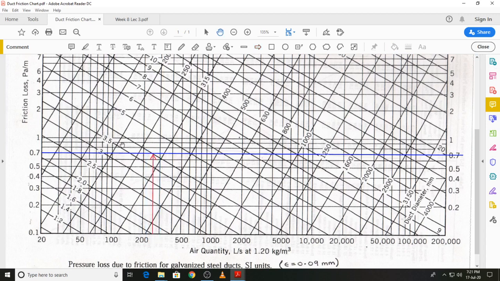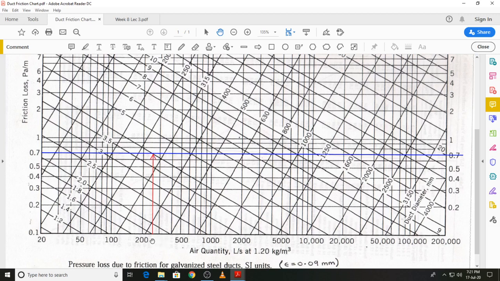And we can see that the velocity is just under this velocity line, which is for 4 meters per second. So this is 3, then 3.5, this is 4, and this is 5. And the value that I have in the table is 3.9. So even if you had 4 meters per second, that is acceptable.